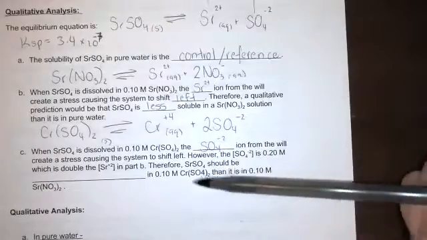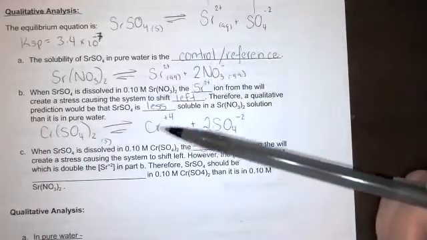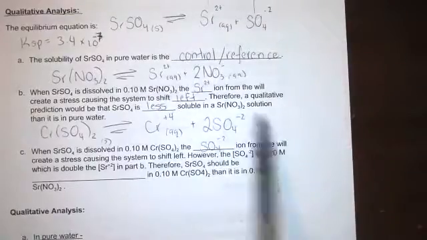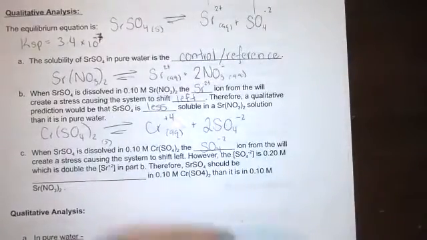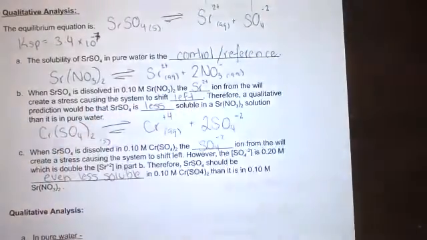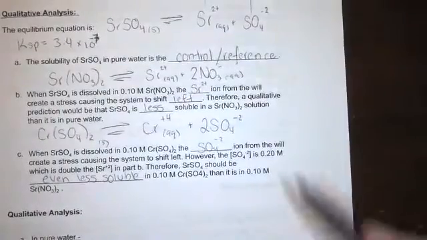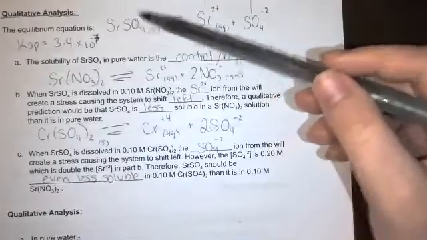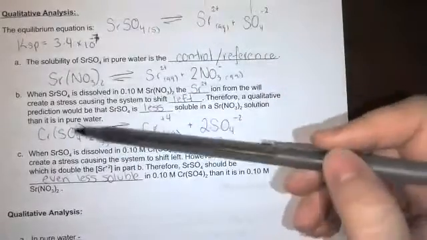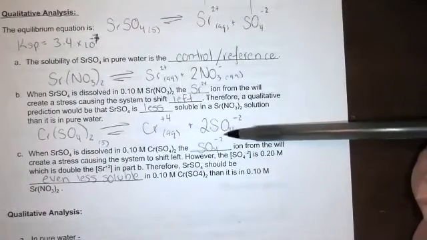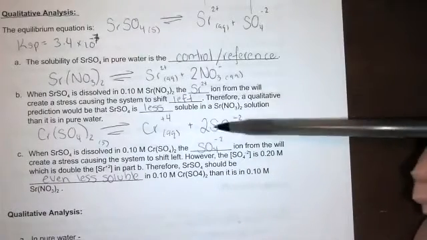So therefore, my strontium sulfate in this solution here should be even less soluble. So I will be able to dissociate less of my ions when added to 0.1 molar chromium 4 sulfate because there is more sulfate ions in solution, which is my common ion.